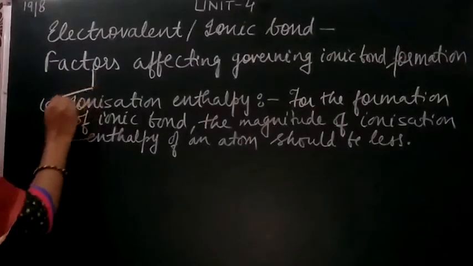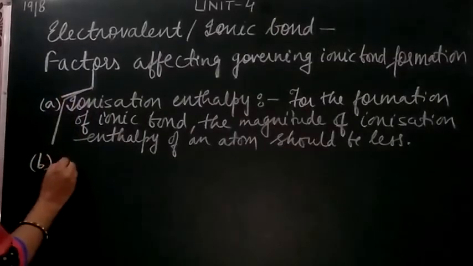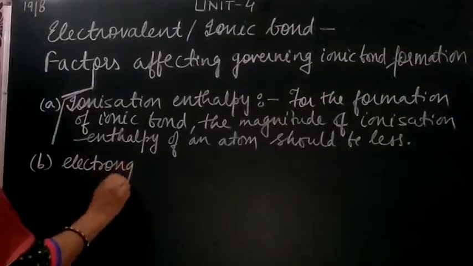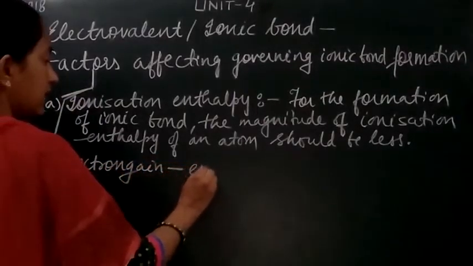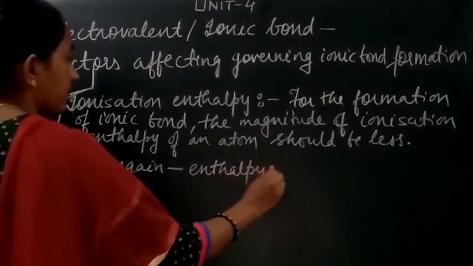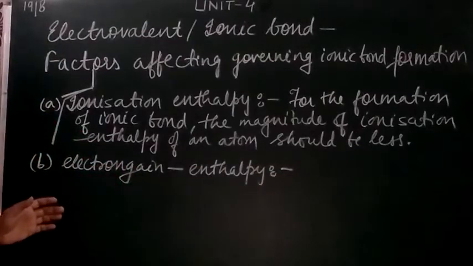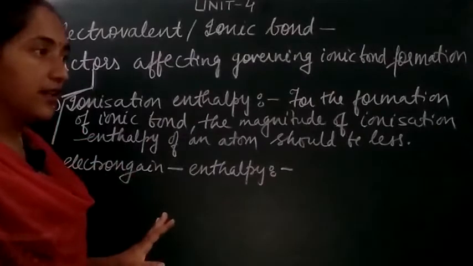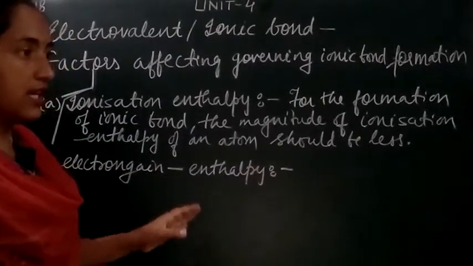Now the second factor is the electron gain enthalpy. Right? So what was the electron gain enthalpy? It was the energy involved when an electron gets added to an atom to form a gaseous anion.